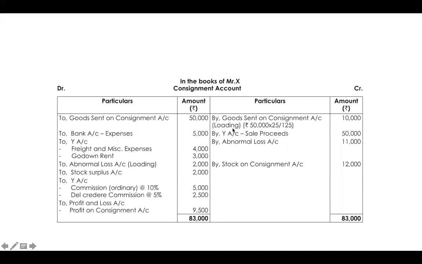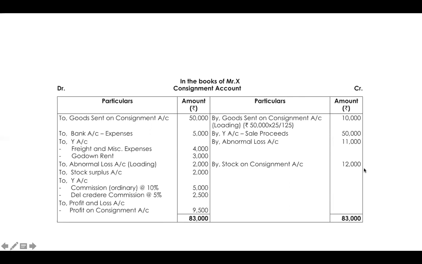Now on the credit side, we know, by consignee sales, look at this, by consignee sales 50,000. By abnormal loss, we already have the practice of taking this abnormal loss on the credit. By stock on consignment.